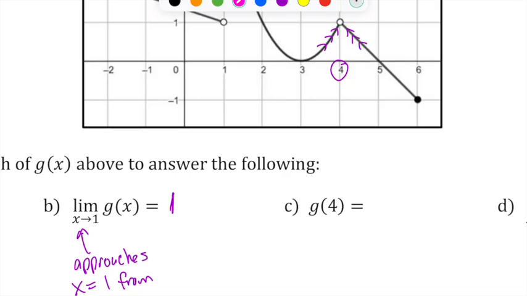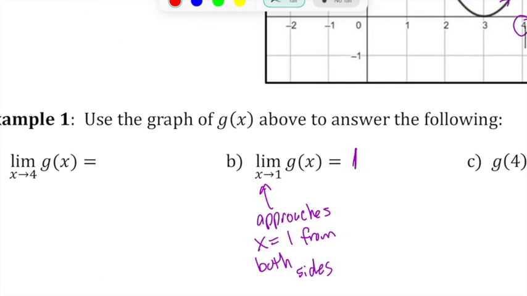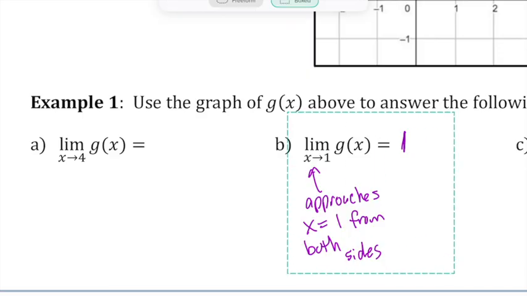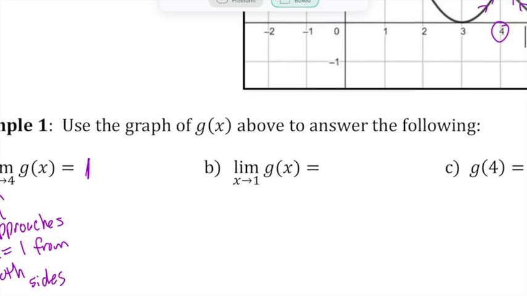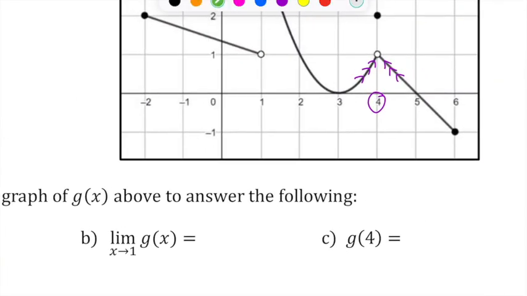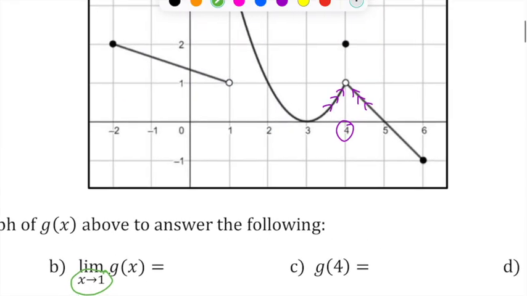Now, this is very important in particular when I say both sides, because we'll see with this next example. Oops, I wrote this in the wrong spot. Sorry, this goes there. My bad. So now this one. We're going to approach 1 from both sides. As we approach 1 from the left, it looks like we're getting closer and closer to a y value of 1.